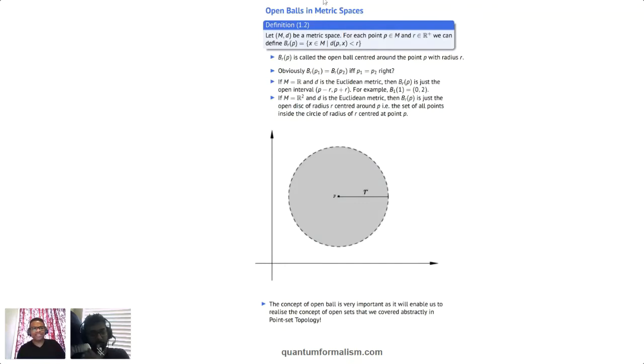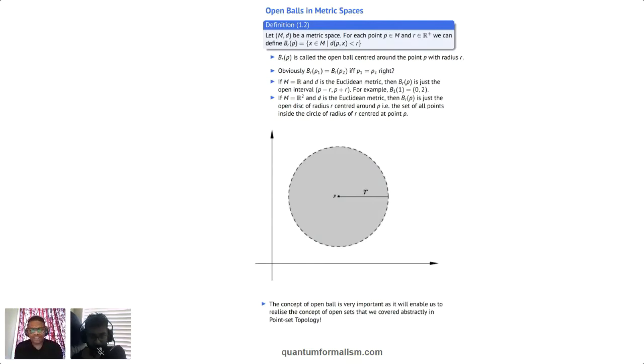Does this hint at something that we touched before, Mr. Hausdorff, for instance? Yeah, we'll come back to it. You'll see how this plays out. So the concept of open balls is very important, because this is just to give you a heads up.